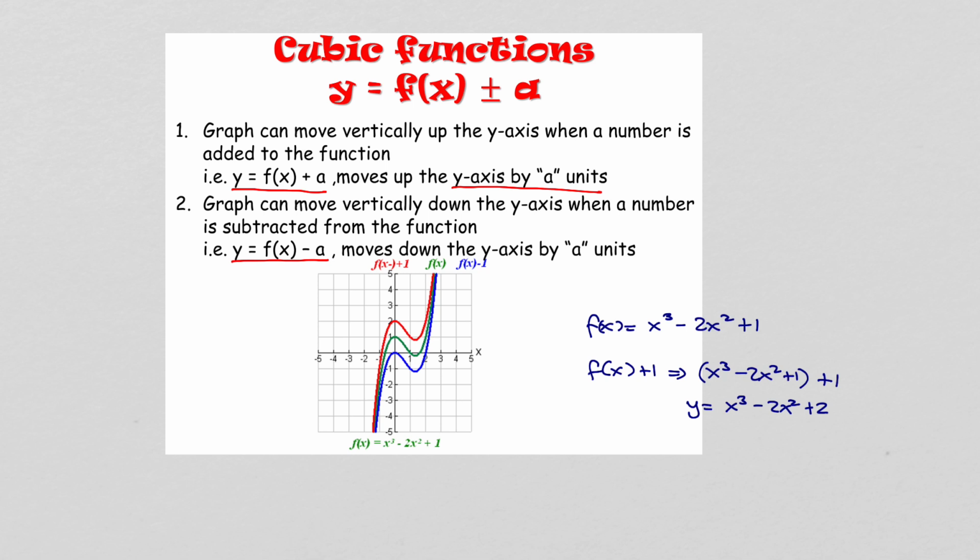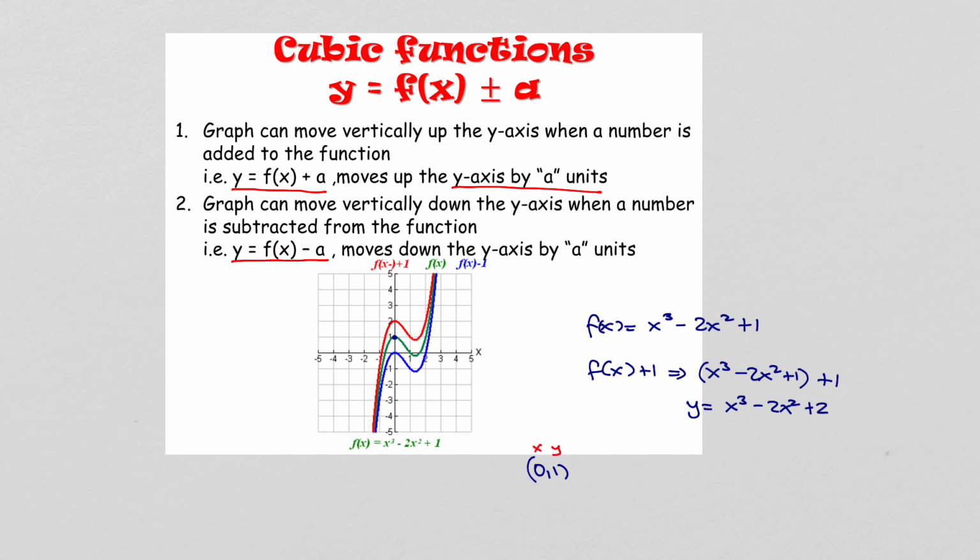But of course, rather than plotting every single point for this graph again, we can see that if we just pick a point on our original graph, which is the green one here, that point is out to 0 and up to 1. So if I look at my point 0, 1, x is 0 and y is 1.